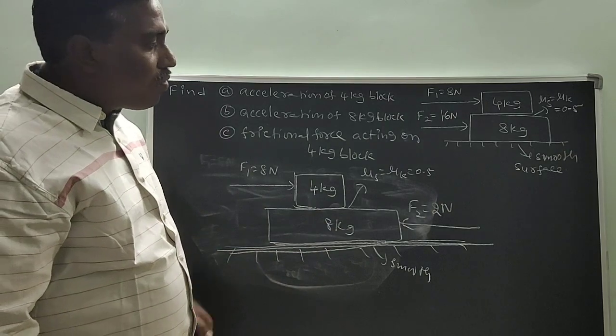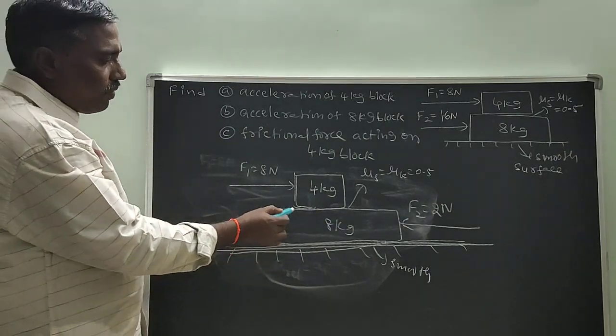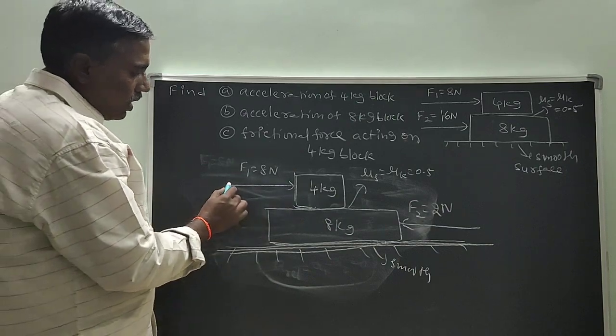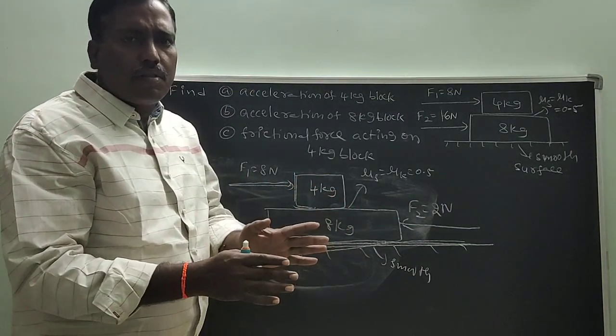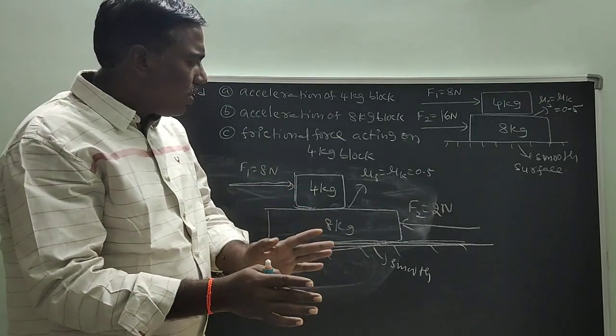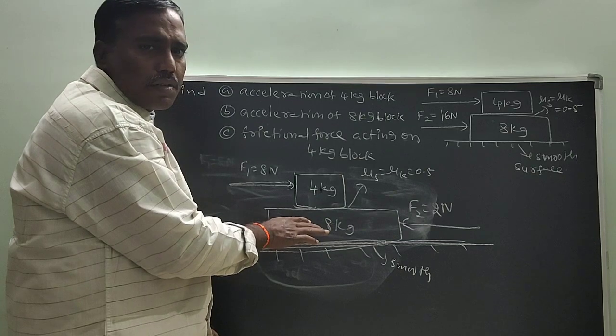In this case, how do we find the direction of the frictional force? In any case, to find the direction of friction, first assume there is no frictional force between these two blocks.